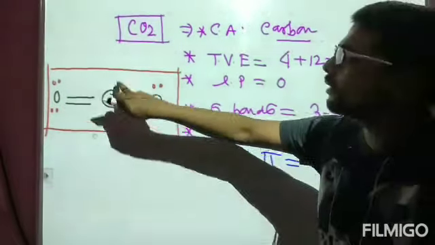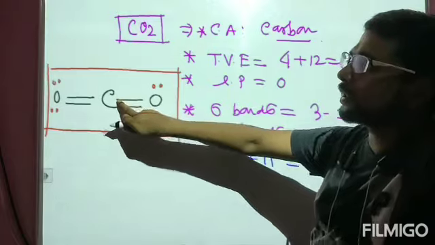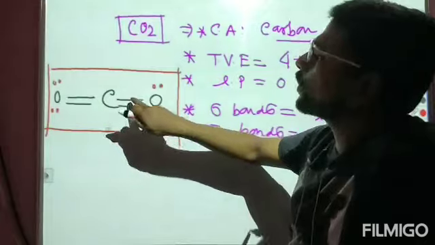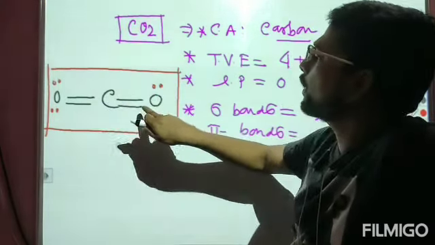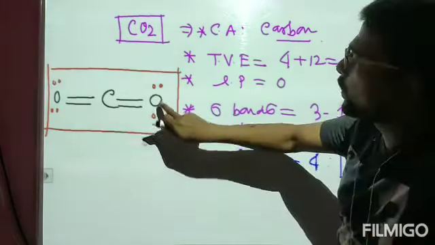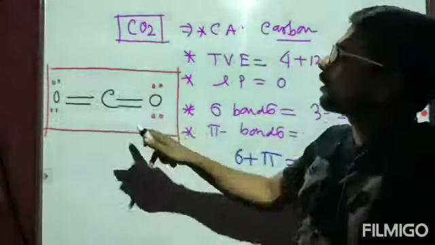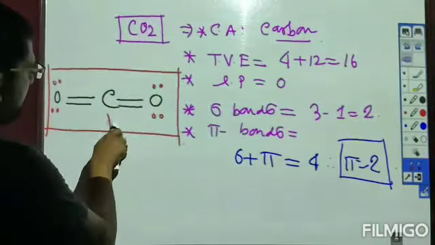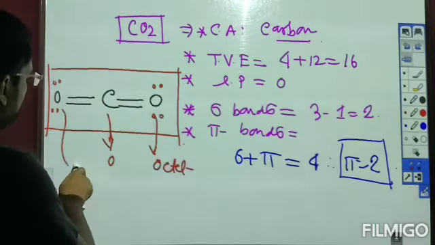Here every element has satisfied the octet. See, 2, 4, 6, 8, 2, 4, 6, 8. Carbon also 2, 4, 6, 8, so this also fulfills the octet, this one also, this one also.